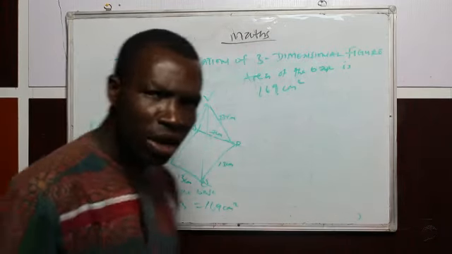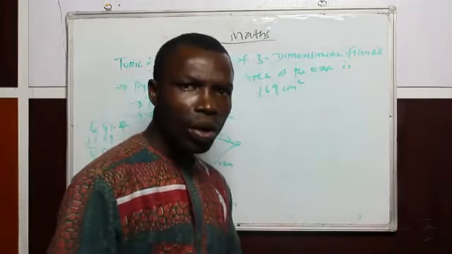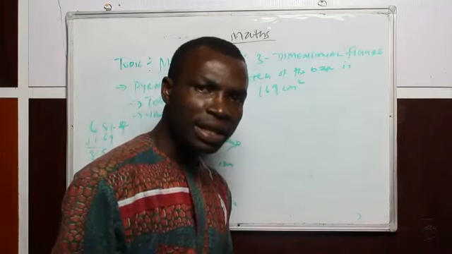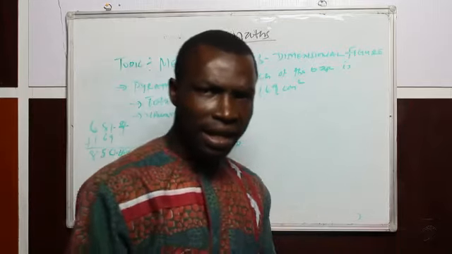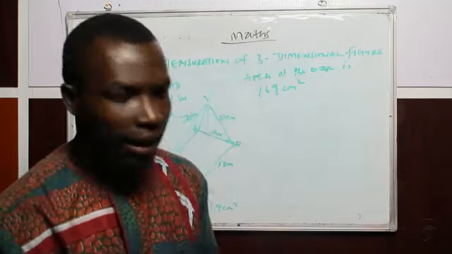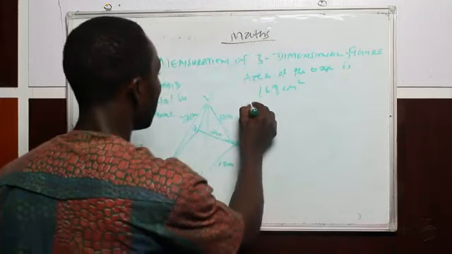Now, how do we calculate the volume of the pyramid? The volume is calculated to be 1/3 times base area times what? Height.